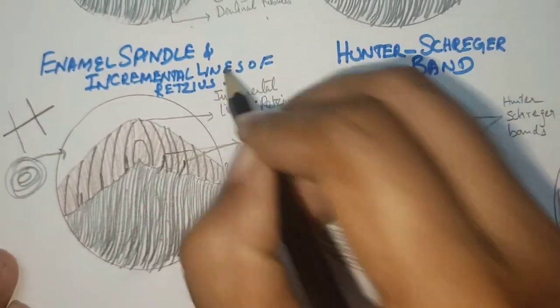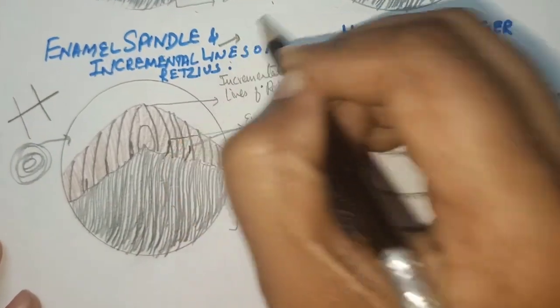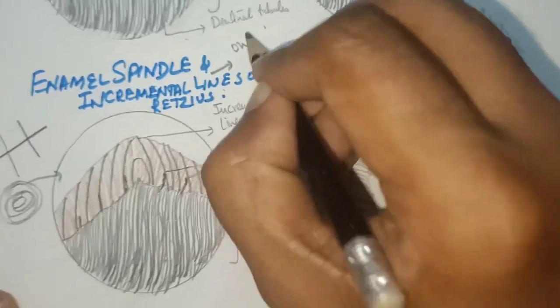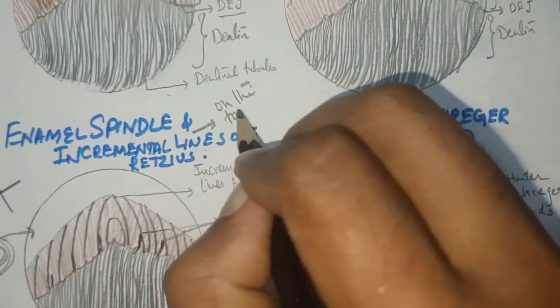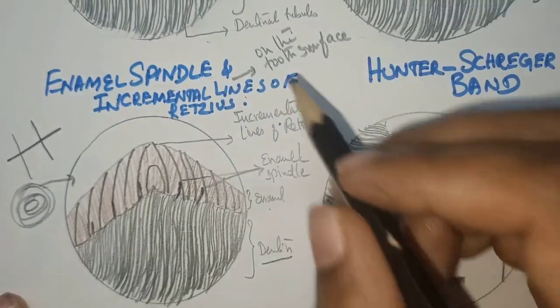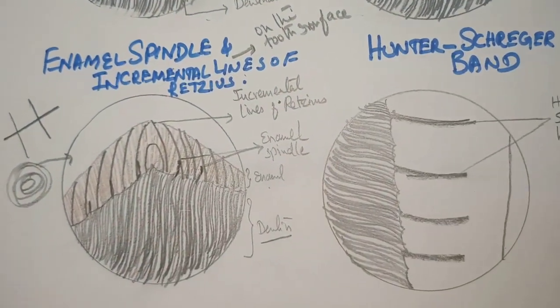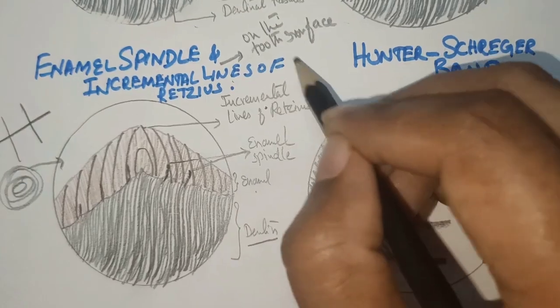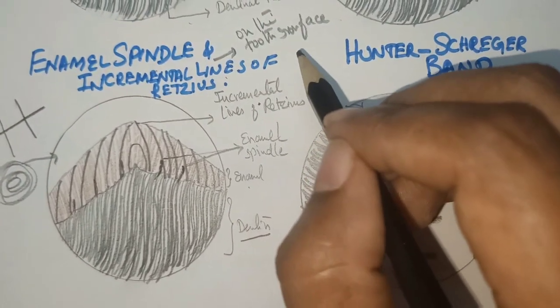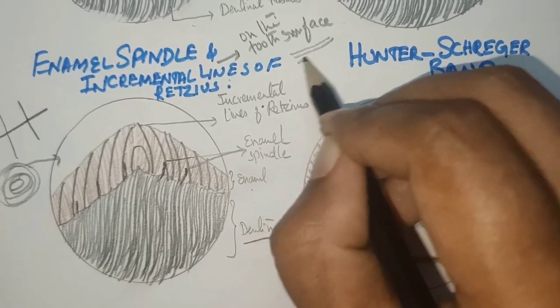This is the extension of incremental lines of Retzius on the tooth surface. When you see the enamel crown portion of the teeth under a magnification glass, you can see small lines like this.